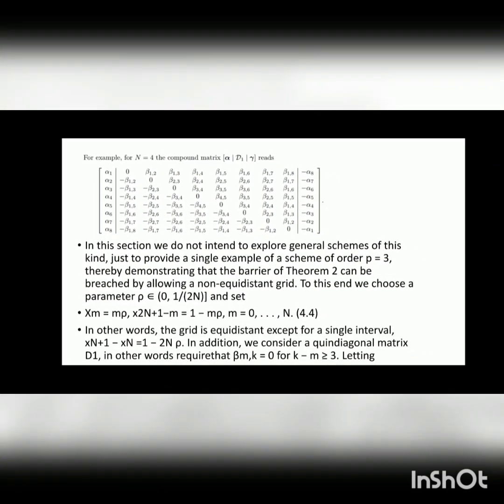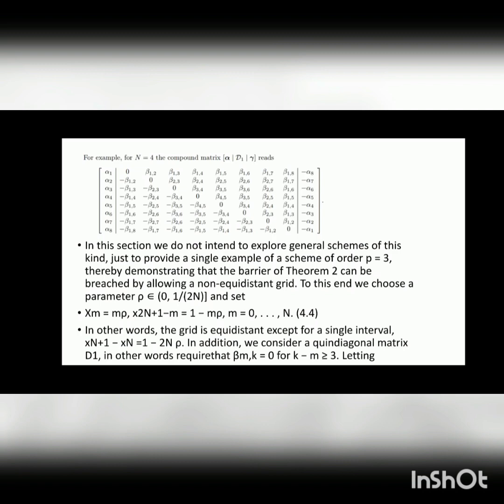In this section, we do not intend to explore general schemes of this kind, just to provide a single example of a scheme of order p equals 3, thereby demonstrating that the barrier of theorem 2 can be breached by allowing a non-equidistant grid.